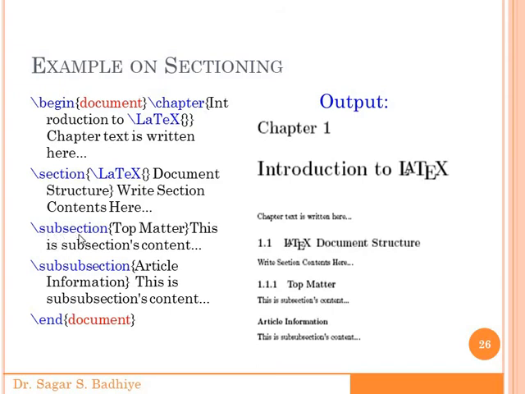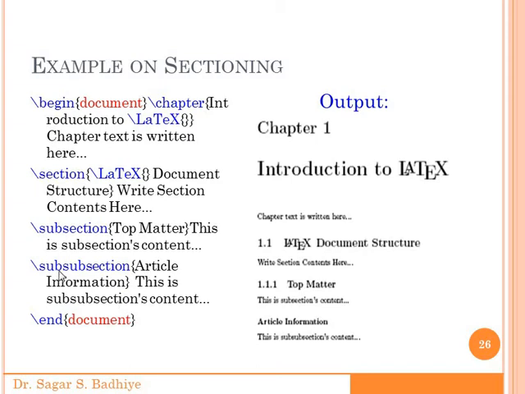Then there is \subsection, and the title of this I have mentioned as top matters. Then the text of the subsection will be written over here. This is the subsection's content. Then we have \subsection*, and I have provided the name article information, and whatever content can be added. Finally we'll end the document with the \end{document} command.